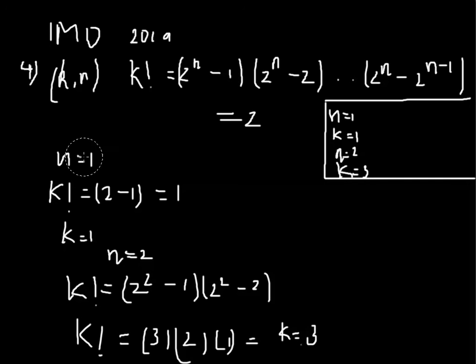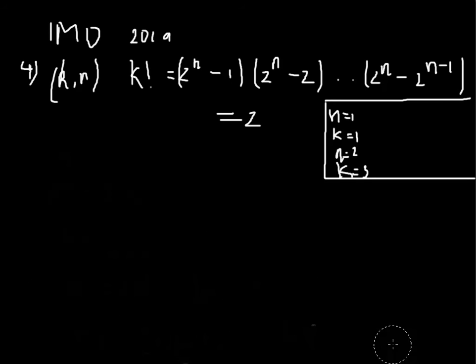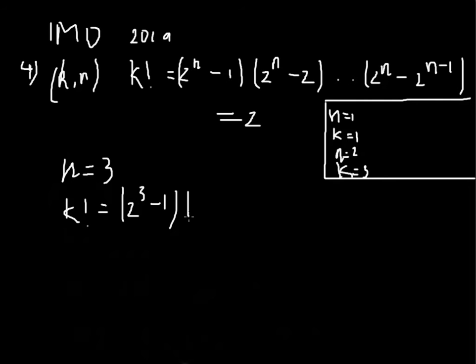Now you could also wonder, what is n equals 3? Well, I'll do that for you guys too. So when n equals 3, then k factorial equals 2 cube minus 1 times 2 cube minus 2 times, in this one we have to do 3 terms, so 2 cube minus 4.